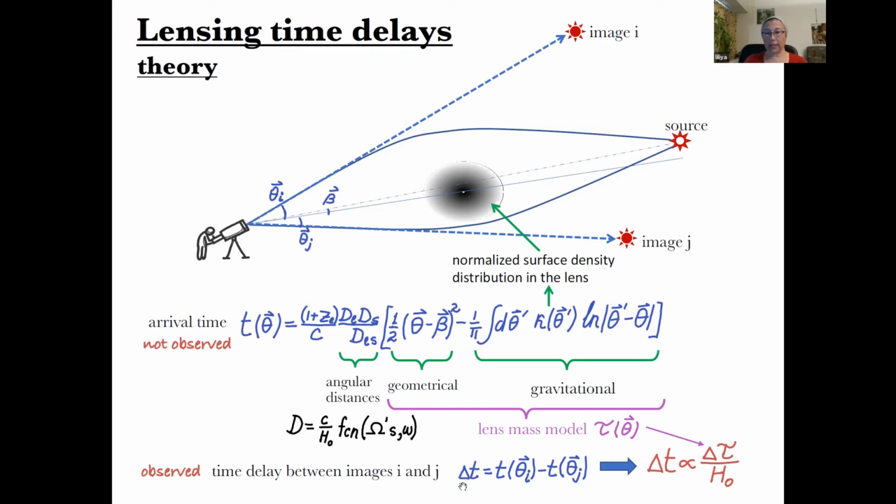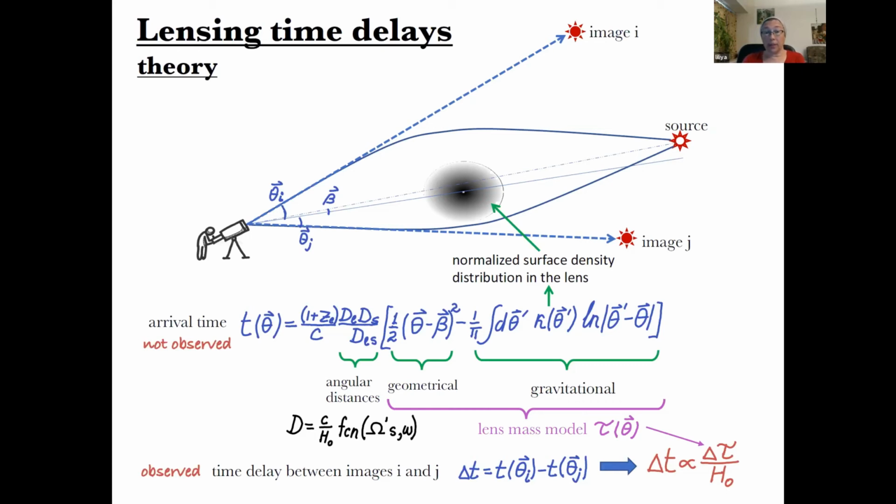And so it's delta t, and that can be written as the delta tau in the lens mass model divided by H0. So delta t we observe, delta tau we build from our models, and H0 is what we derive. So that's the essence of the method.